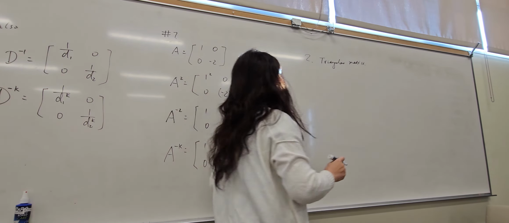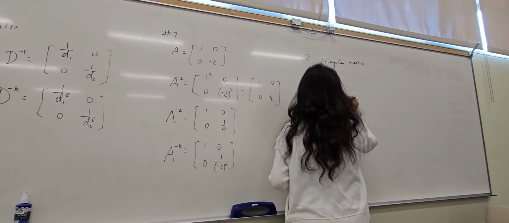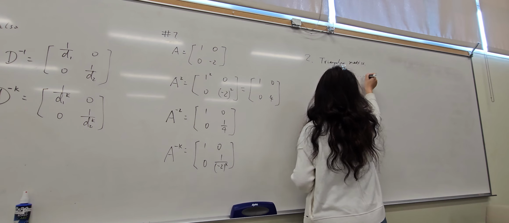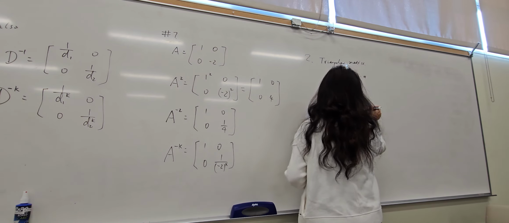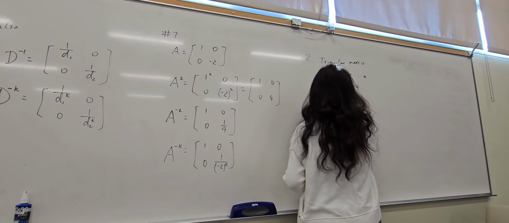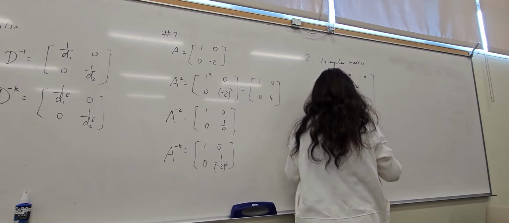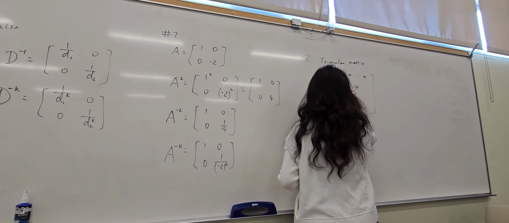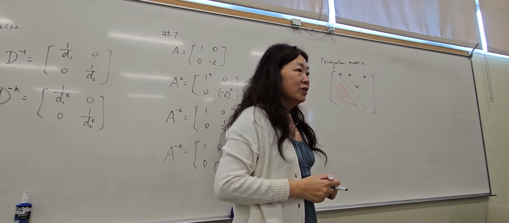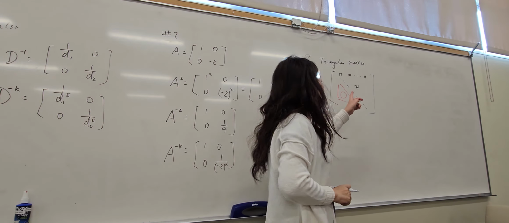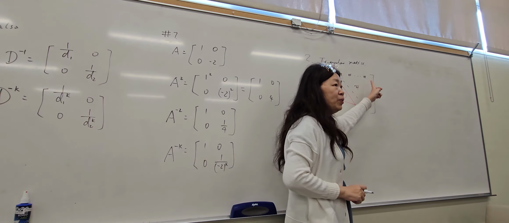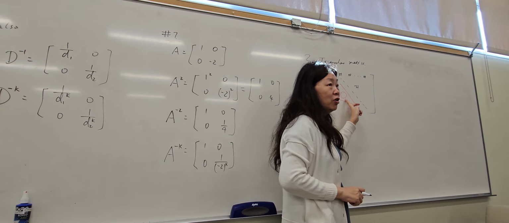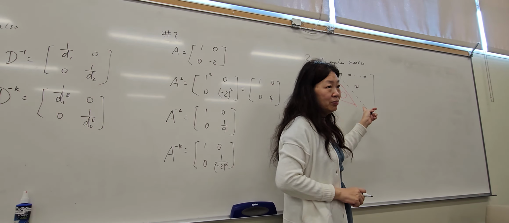It's just that you get a matrix, you're gonna get numbers here, all these are numbers here, and then you get 0 here. It's all 0. So if you name it by the upper triangle, you call the triangular matrix. If you name it by the lower triangle, you call the lower triangle matrix.